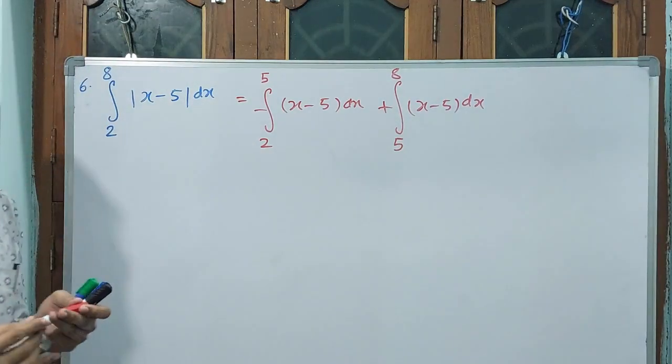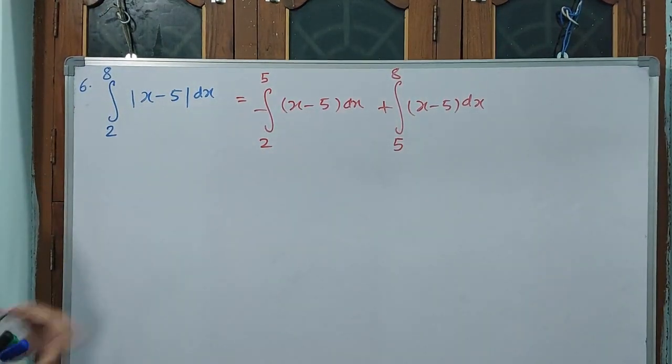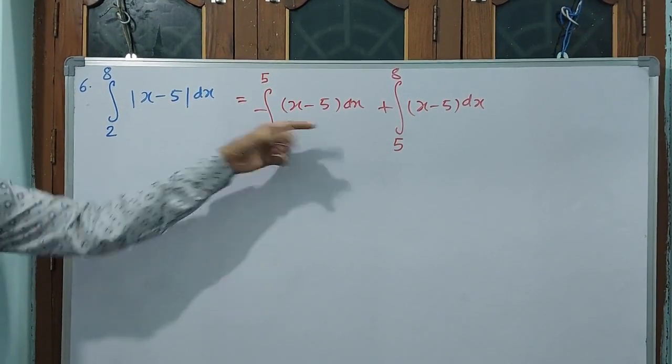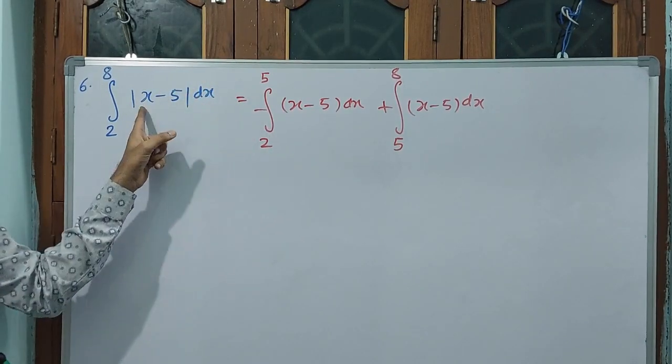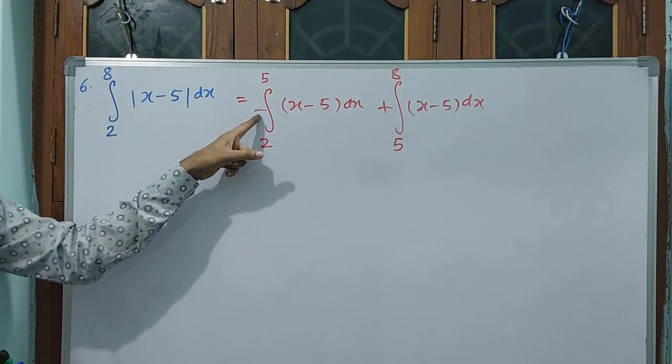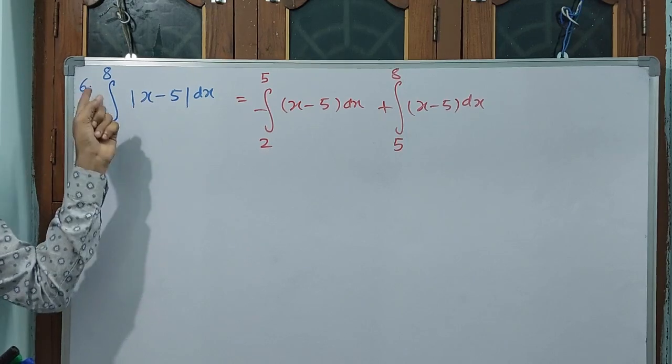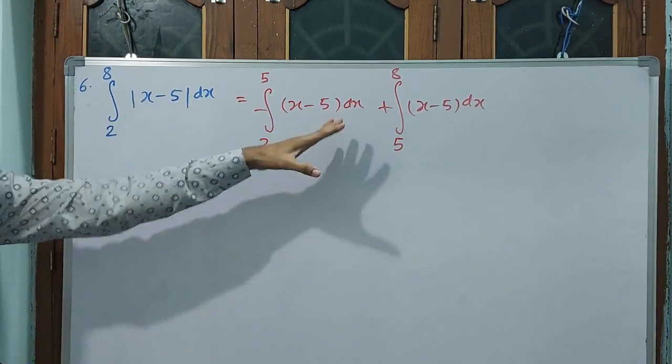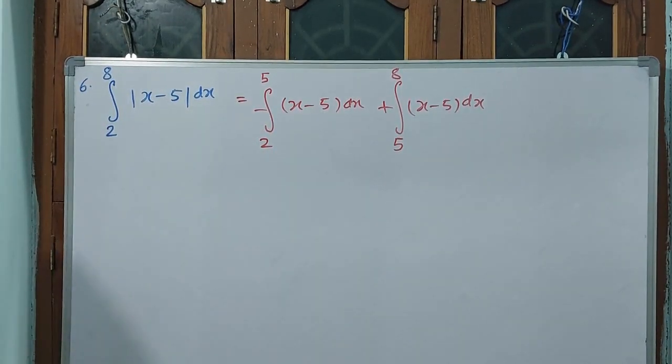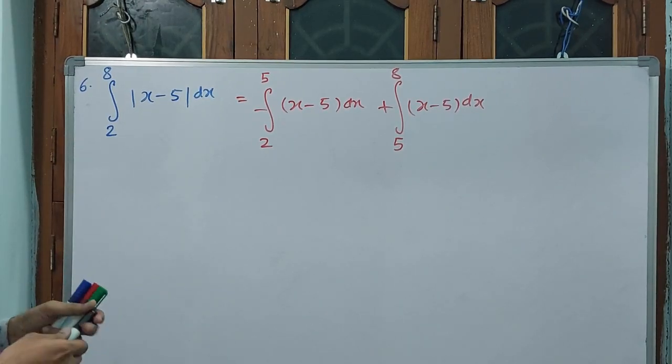You understand this, how it has come under limits? Okay, x minus 5 from 2 to 5 is going to make you negative value. From 5 to 8, x minus 5 is going to give positive value. That is why we have given positive, negative accordingly. Okay. Now proceed further.